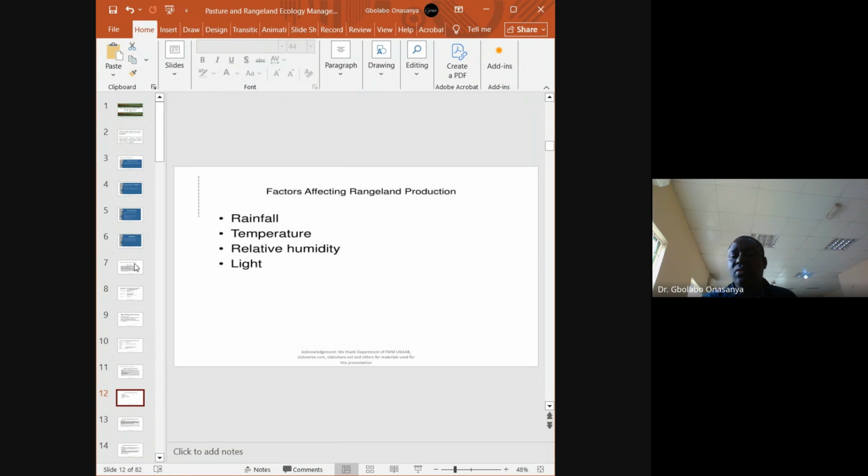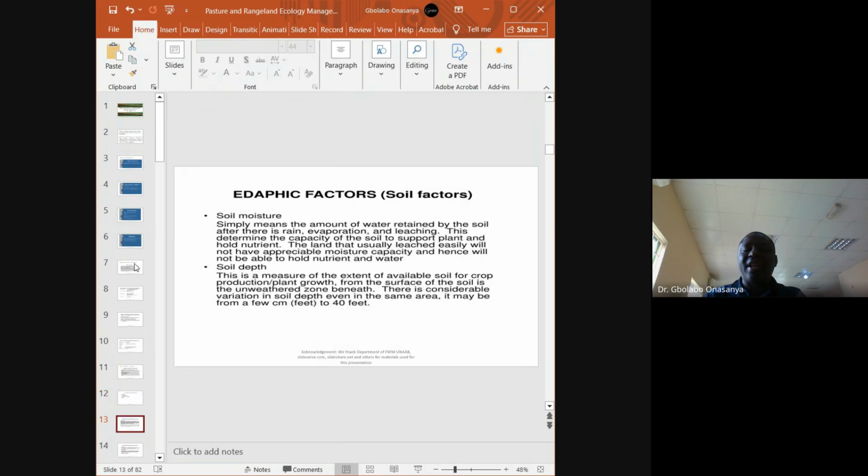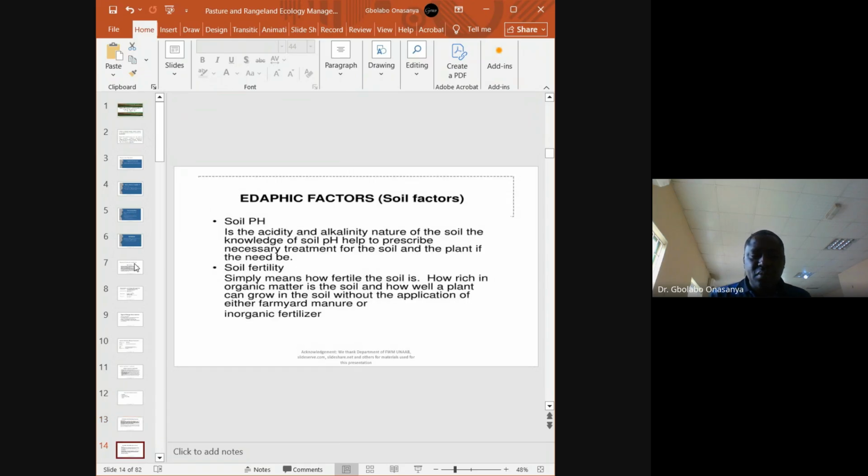And we have edaphic factors. When I say edaphic factors, I mean soil factors: soil moisture, soil texture, soil structure, soil depth. All of these factors can affect rangeland production. Soil pH, soil fertility.